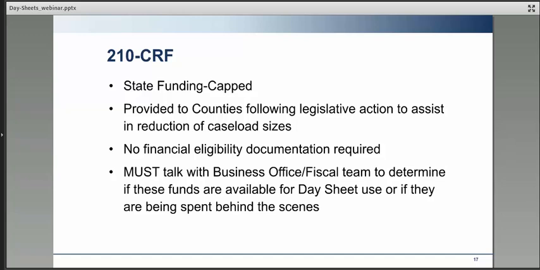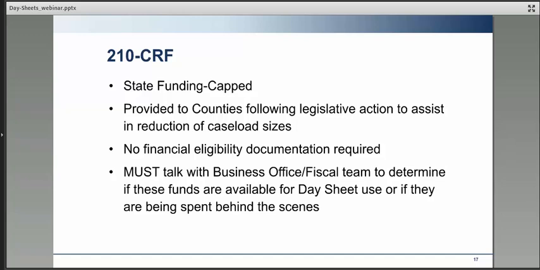Now, unlike 23, there's no financial eligibility documentation required, but like CPS, it's critical that you discuss with your business office if these funds are available for day sheet use or if they're being spent behind the scenes. Like CPS, this is a fund that can be used in a couple of different ways.